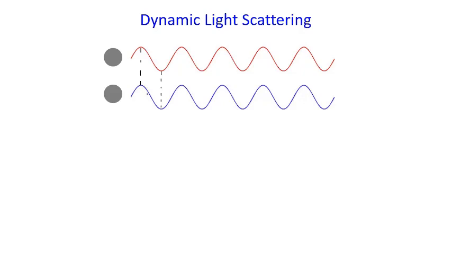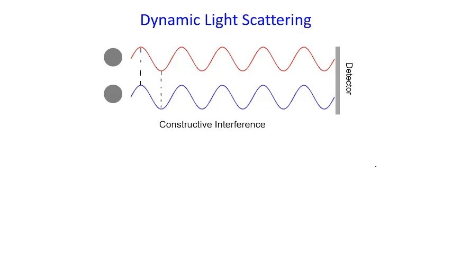So these kind of waves are known to be in phase, and their intensity at any given point of time will be added to each other. And as a result of that, if you have the detector over here, the intensity which is received at the detector will be enhanced, and therefore this kind of interaction between waves is known as constructive interference, right?